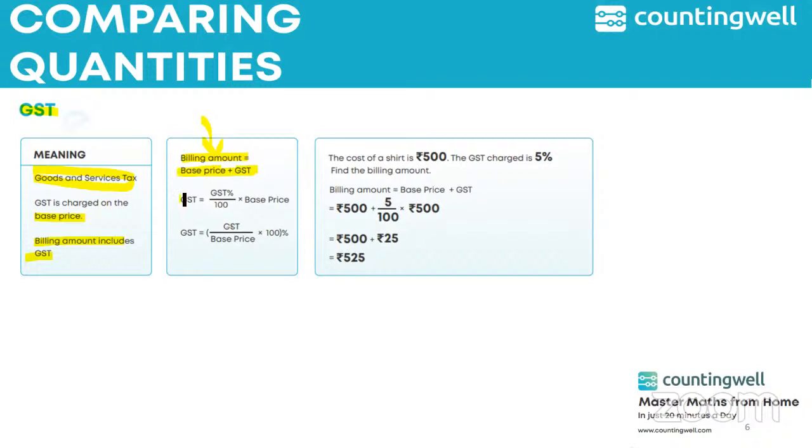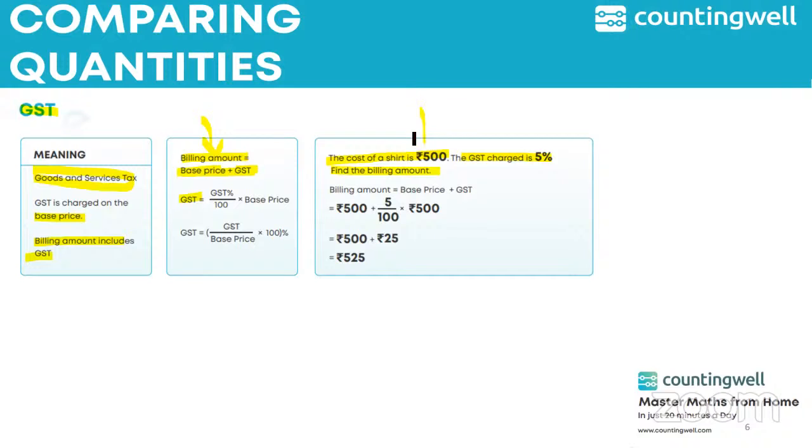So if you want to find GST, given the GST percentage, you can find it by using this formula, GST percentage upon 100 into base price. Or you can find it as GST upon base price into 100 percentage. For example, if the cost of a shirt is rupees 500 and the GST charge is 5%, okay, then we need to find the billing amount.